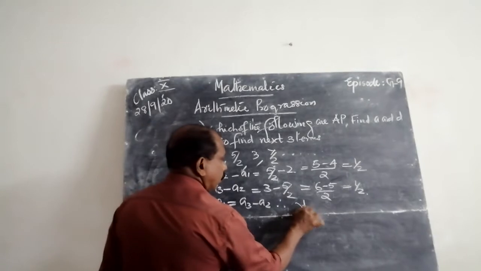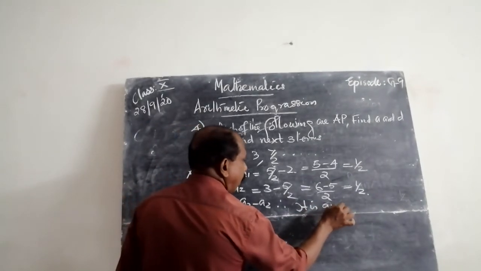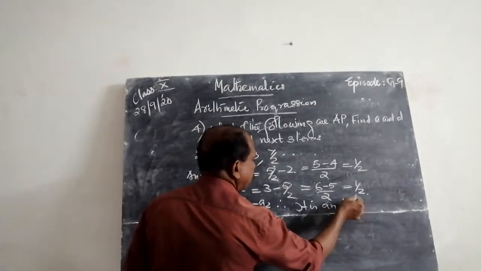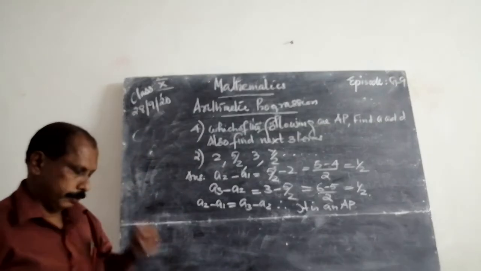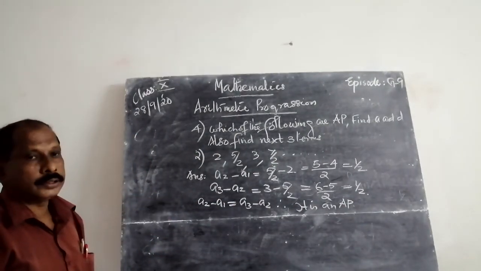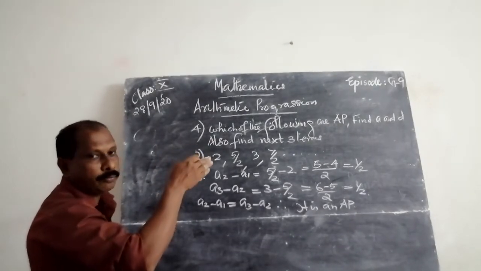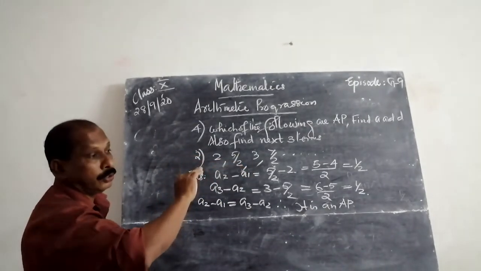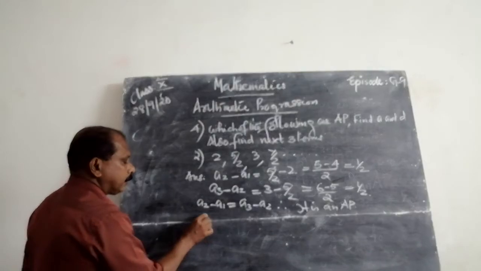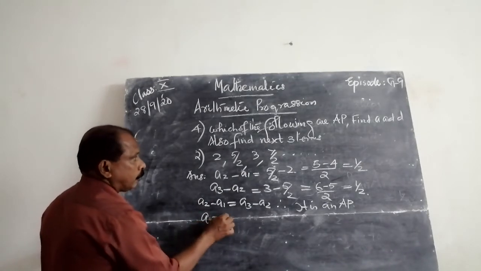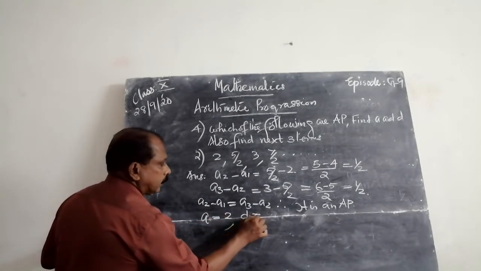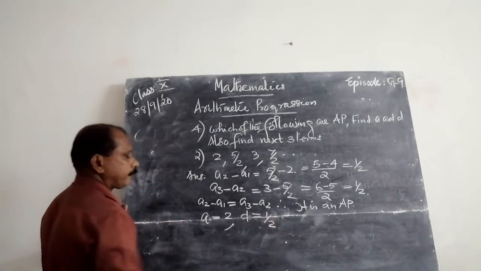Therefore, it is an AP. The first question is not an AP. This one is an AP. Therefore, find A, the first term, and the common difference, and also the next three terms. That means A is equal to 2, D is equal to 1 by 2.